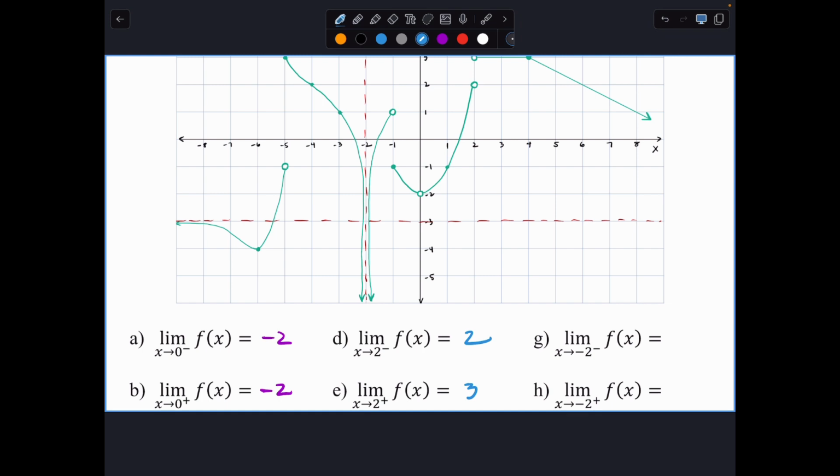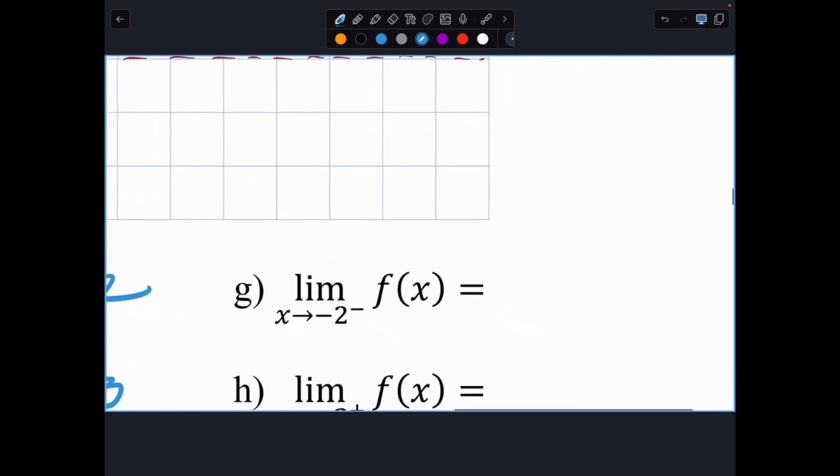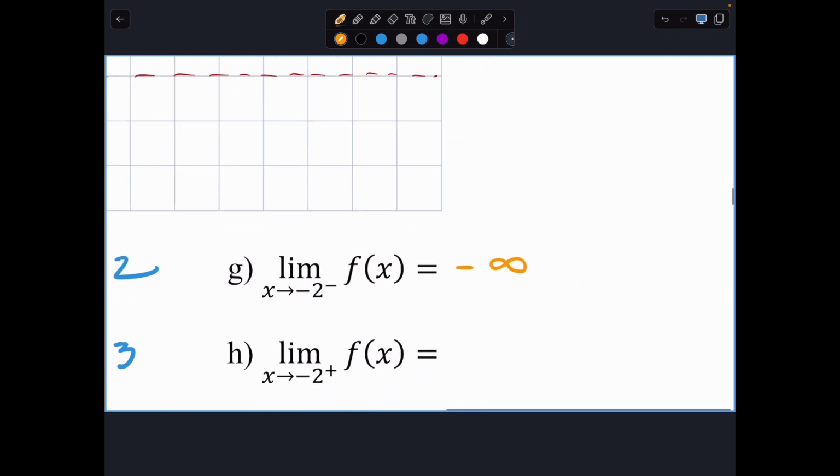However, in this case, whenever a limit is DNE because it approaches a specific infinity, it's understood that we say the limit is equal to whichever infinity the function is approaching. So I would actually say this limit is equal to -infinity. However, the limit is technically DNE.